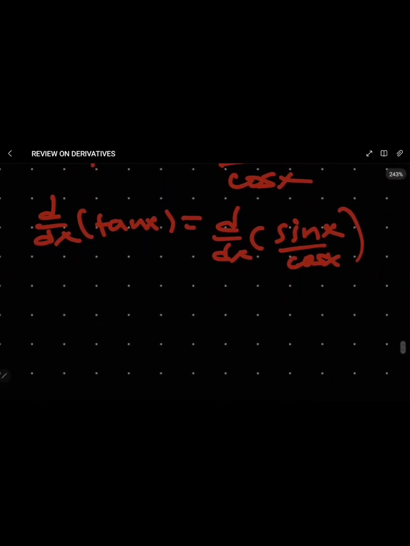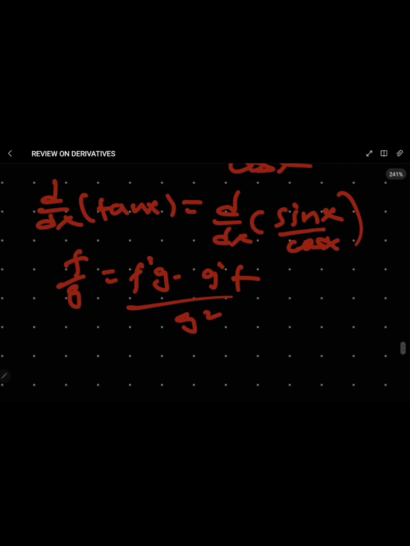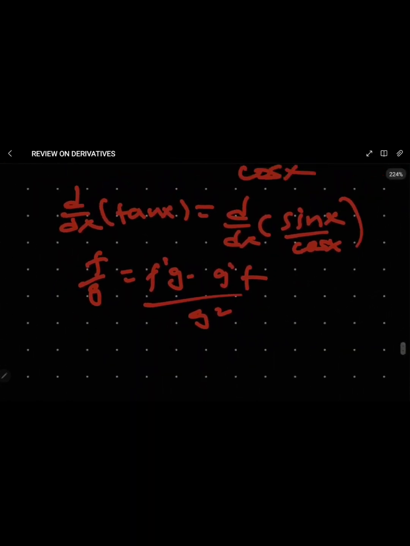Now what is the formula for this? What is the formula for the derivative of sine x over cos x? If you have f over g, its derivative is f derivative times g minus g derivative times f, over g squared. So what is f derivative? What is the sine derivative? Let's do it like this.